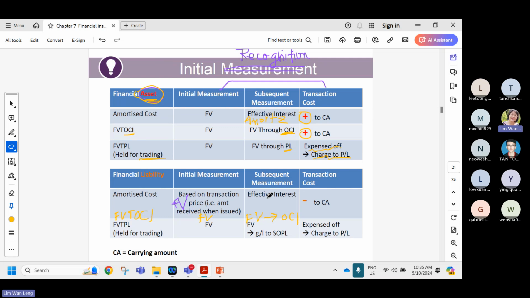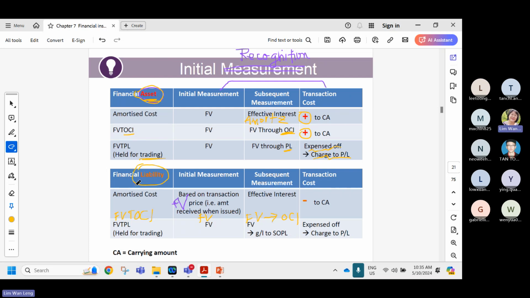Effective interest is based on the amortization table. Fair value through the profit or loss, which means that any changes in the fair value, you will take it to the SOPL. And then similarly, transaction costs, you also have to deal with it separately.